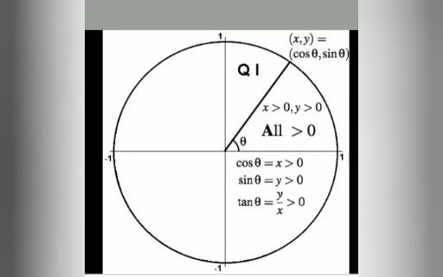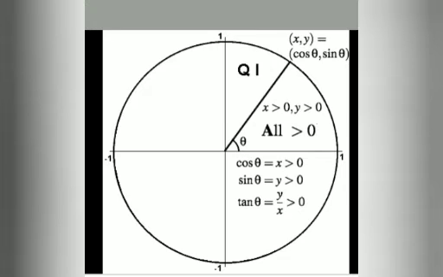In the first quadrant, since both coordinates, x coordinate and y coordinate, are positive, that means cos theta and sin theta are both positive. That implies tan theta is also positive, as tan theta is equal to sin theta by cos theta. This further implies that all trigonometric ratios in quadrant first are positive.